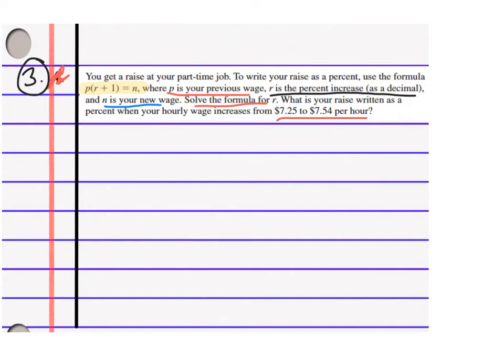Okay, so the first thing that we are supposed to do is solve the formula for R. All right, so we're going to do that first. And we're going to practice doing our algebraic proof format as well. So I'm going to put equation, we'll abbreviate it, explanation, reason.